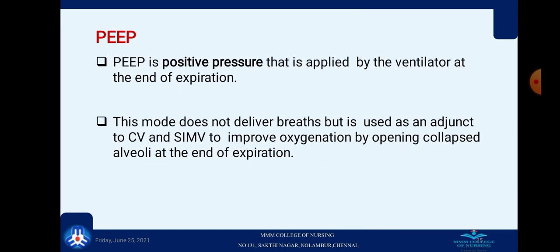PEEP is positive pressure that is applied by the ventilator at the end of expiration. This mode does not deliver breaths, but it is used as an adjunct to continuous ventilation and synchronized intermittent mandatory ventilation to improve oxygenation by opening collapsed alveoli at the end of expiration.